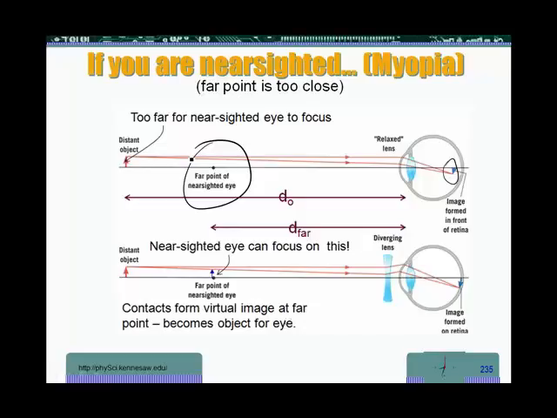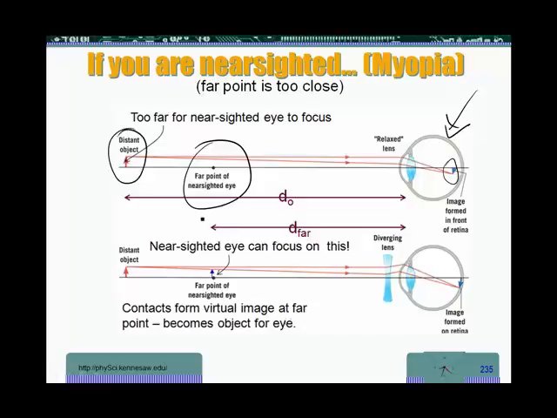Now, for nearsighted people, distant objects are not going to be seen clearly. In this image here, we have a diagram of a nearsighted eye.